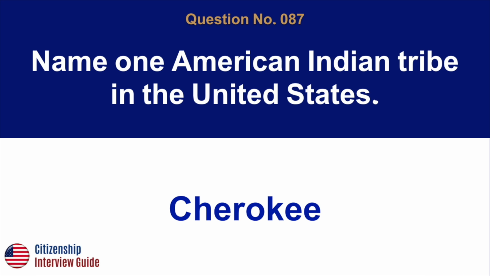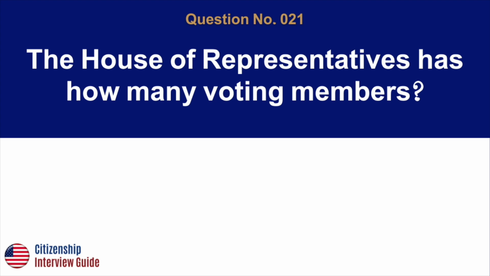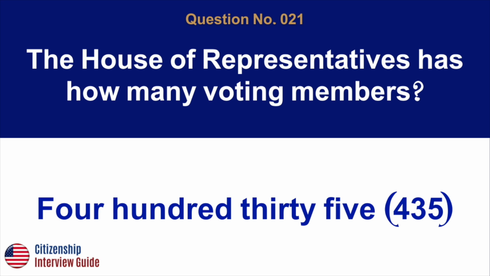Cherokee. The House of Representatives has how many voting members? 435.